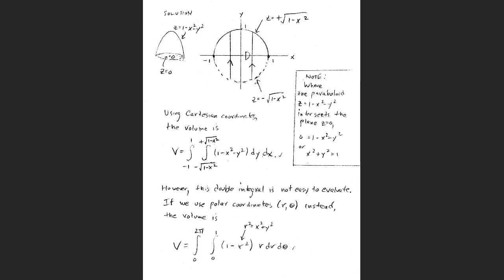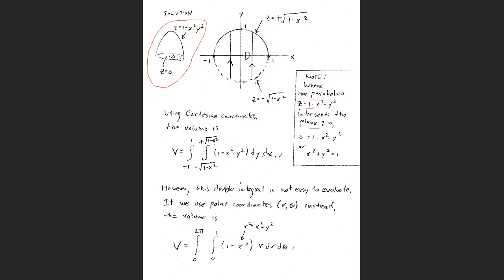So we're going to do that. Here we go. Here is a picture of my paraboloid going downward to the plane z equals 0. Note where the paraboloid intersects the plane z equals 0.